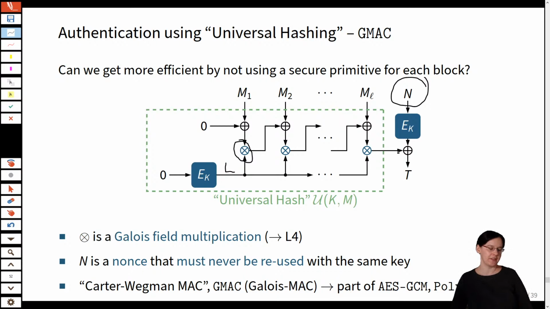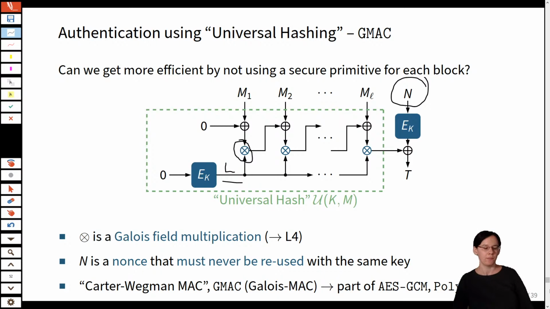And this nonce must never be reused, otherwise this intermediate key here, this authentication key L, is leaked, so the adversary can recover it. And this particular MAC construction is part of an authenticated encryption scheme called AES-GCM that you have possibly already heard about, because this is the default scheme we see, for example, in TLS as well as in many other protocols.